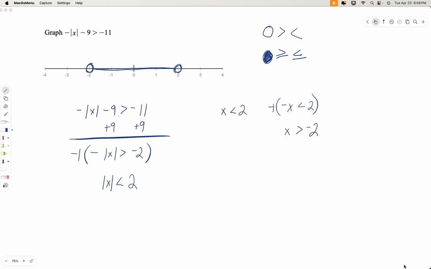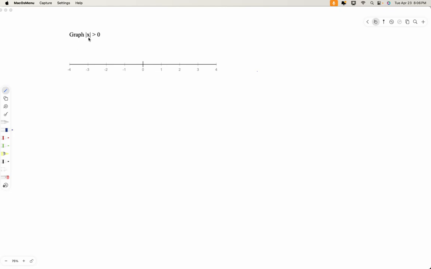Let's look at the next one. All right, here we have absolute value of x is greater than 0. Nothing's negative, so we don't have to change anything. We just have to do the positive and the negative version. So that means that positive x is greater than 0 and negative x is greater than 0. If we change this, then we get x is less than 0 also.